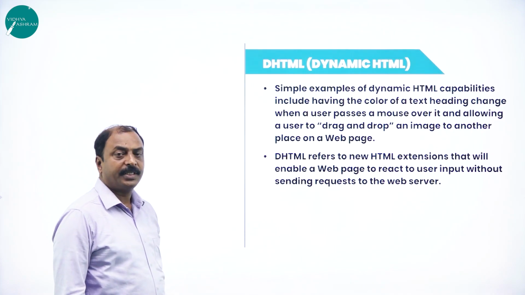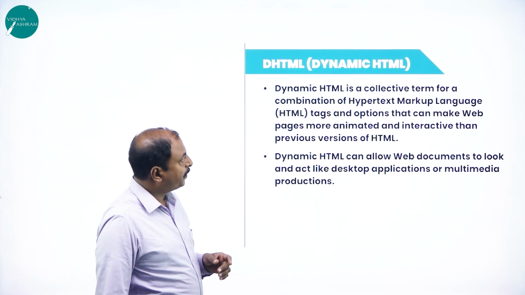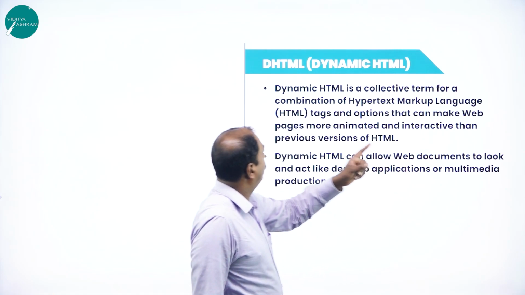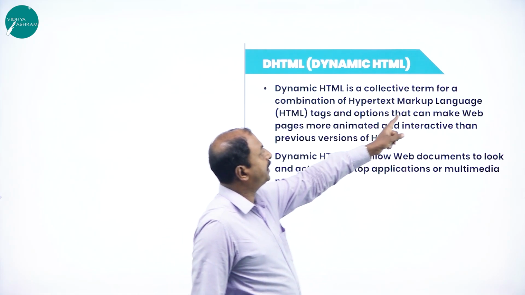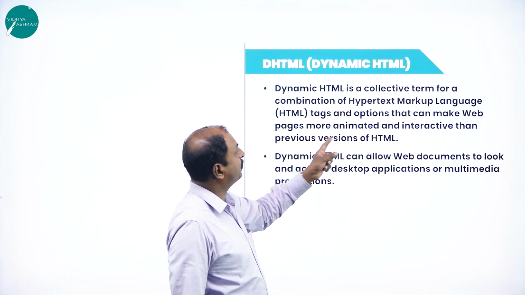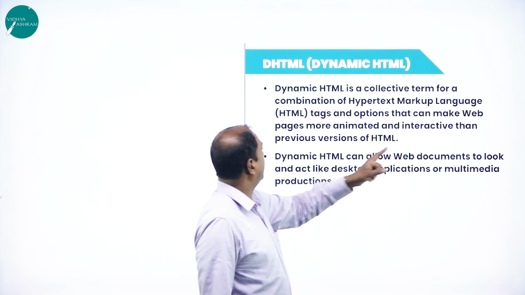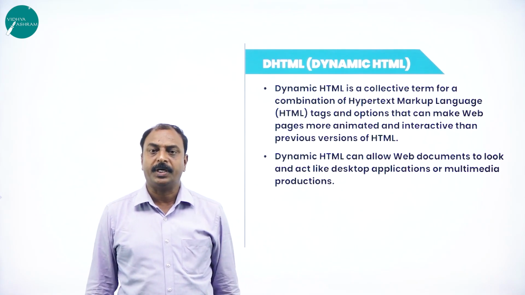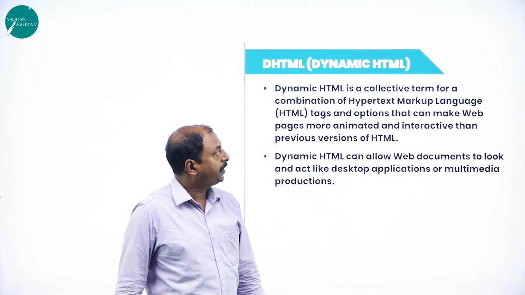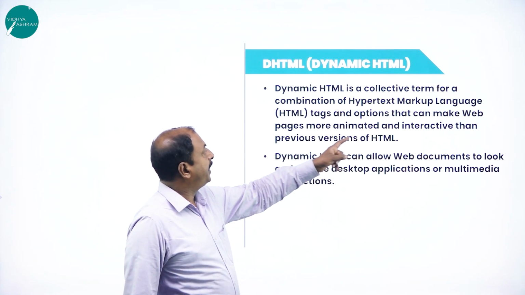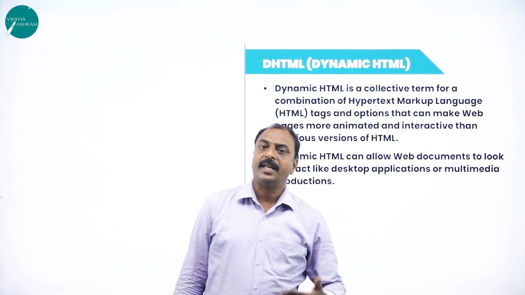So these are the points for DHTML. The next point is that dynamic HTML is a collective term for a combination of hypertext markup language and options that can make web pages more animated and interactive than an HTML web page. This is an important point: it is more interactive and more animated than HTML.